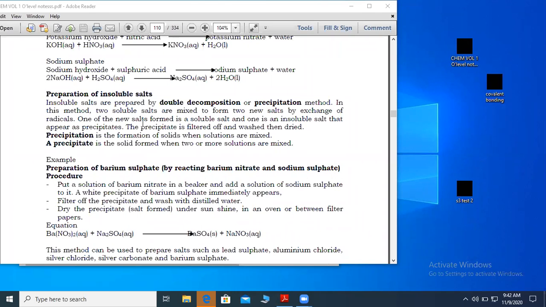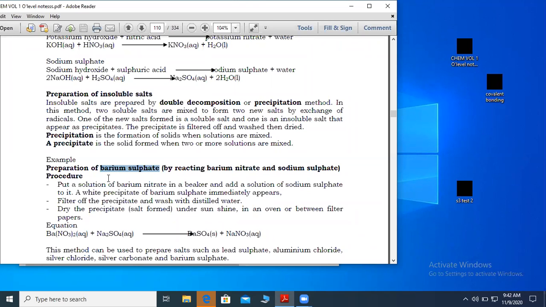For example, when you are preparing barium sulfate, because all nitrates are soluble, I can use barium nitrate. And I use another soluble salt that contains a sulfate, and we usually use sodium sulfate.